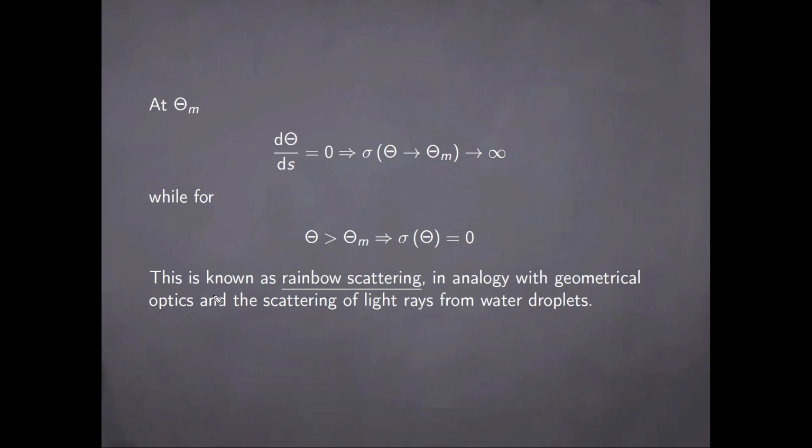And this is known as rainbow scattering, which is a name given in analogy of geometrical optics and the scattering of light rays from water droplets.